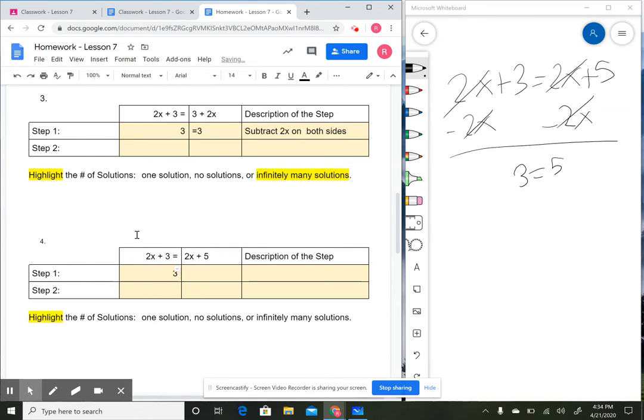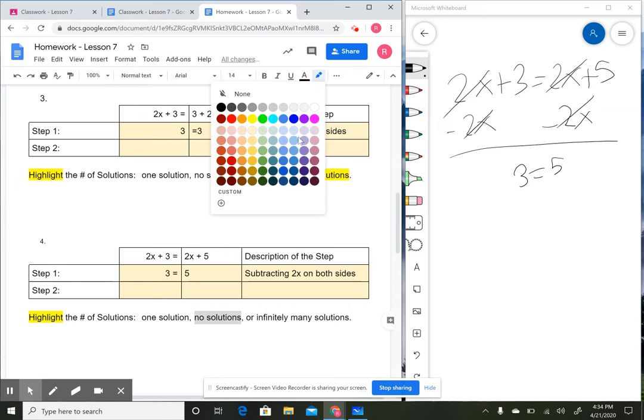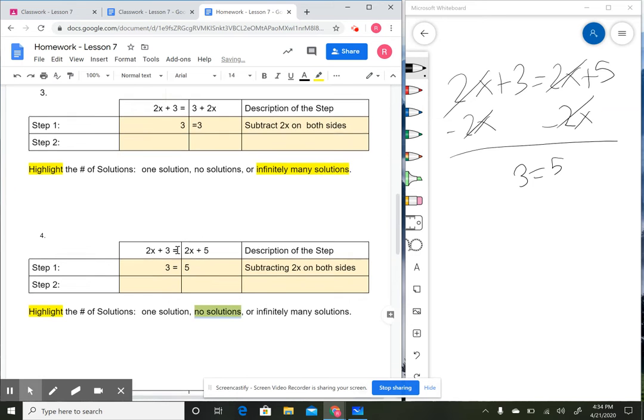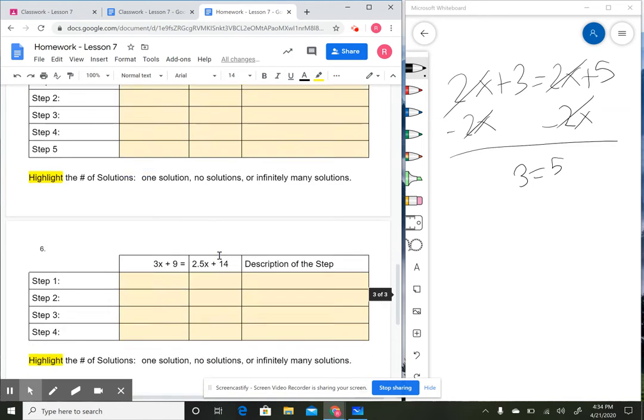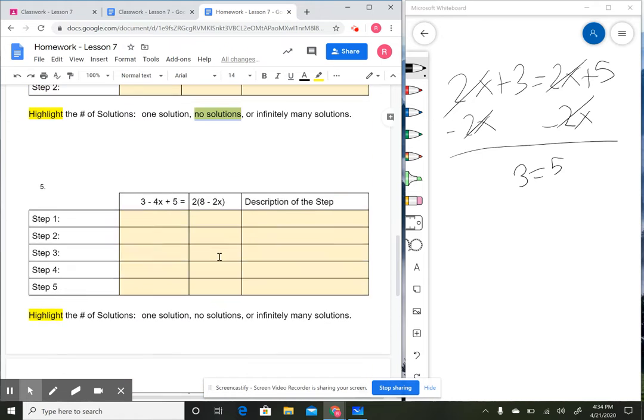So since 3 does not equal 5, that's a false statement, so that's a no solution answer. This was by subtracting 2x on both sides. Okay, so that's going to be no solutions. So we have 4 more to go.